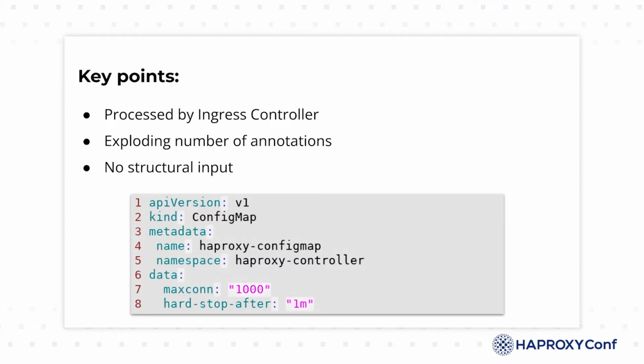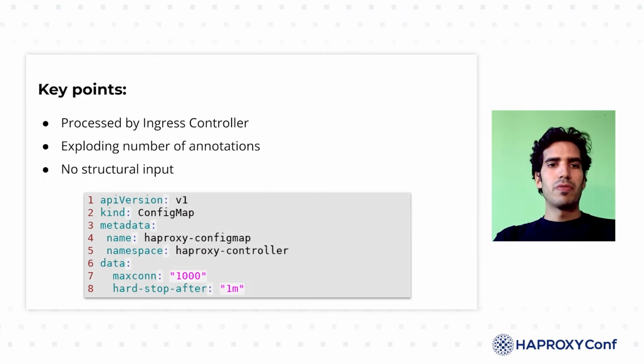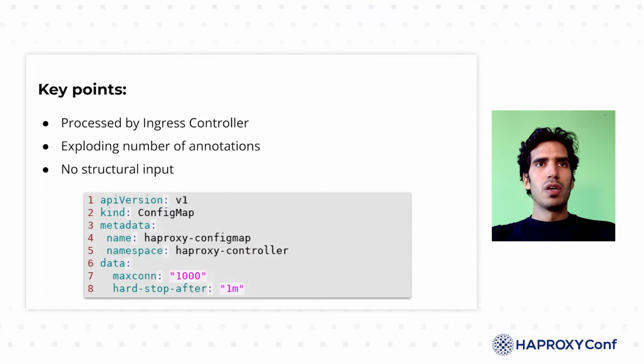Annotations are parsed and processed by the Ingress controller. They have no structured input, which means input can only be a string, no integers, booleans, arrays, or dictionaries. And most importantly, this leads to an exploding number of annotations.